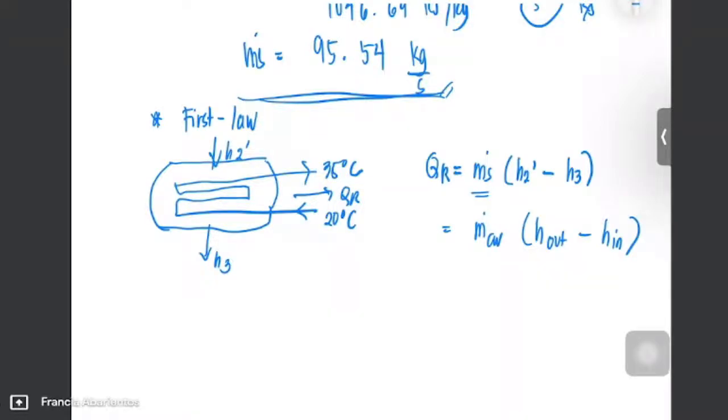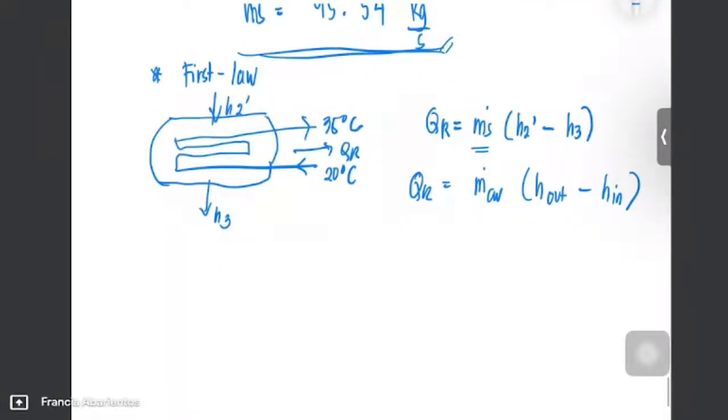Paano natin yun makukuha? Given sa atin yung entering natin class, saturated liquid at entering temperature which is equal to 20 degree.